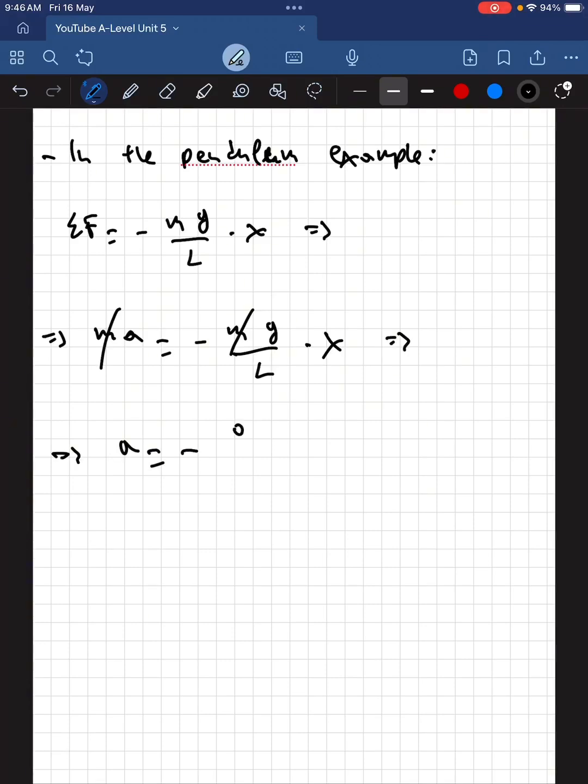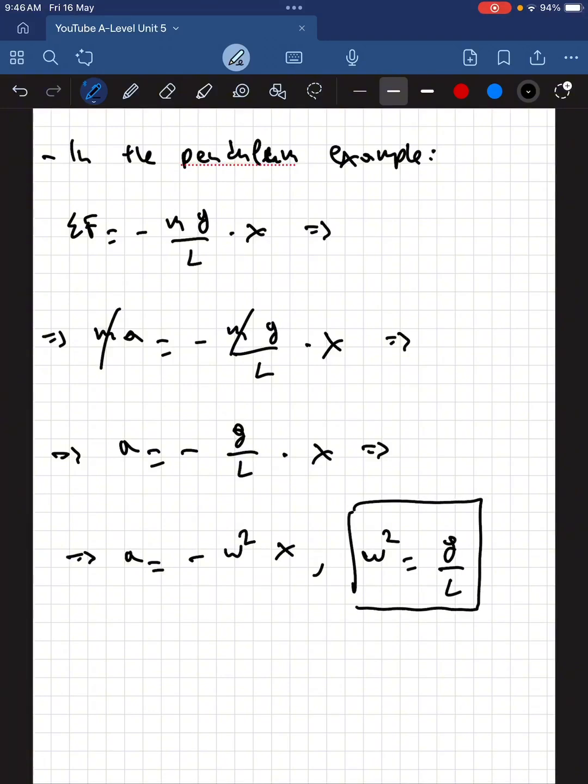So the acceleration is minus g over L times x, and we can write this as minus omega squared times x, with omega squared equal to g over L. So for the pendulum, there is no mass dependency for the angular frequency of oscillation, okay?